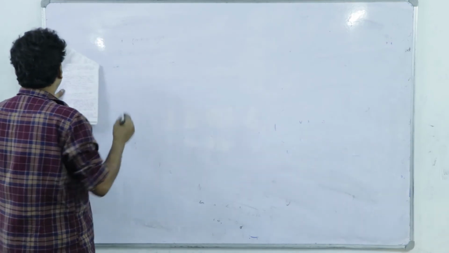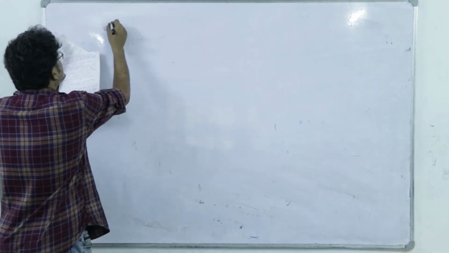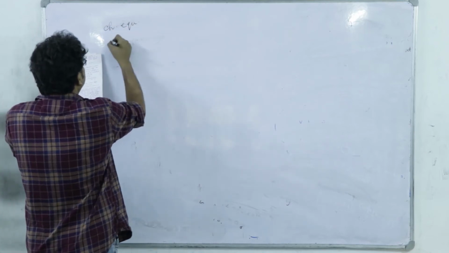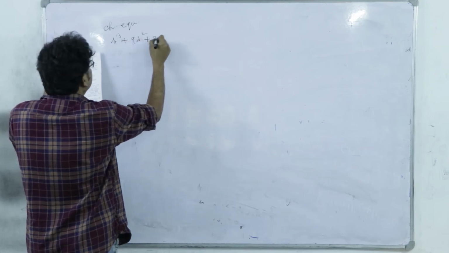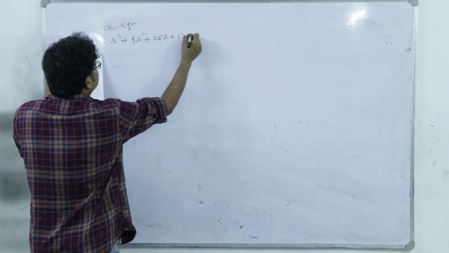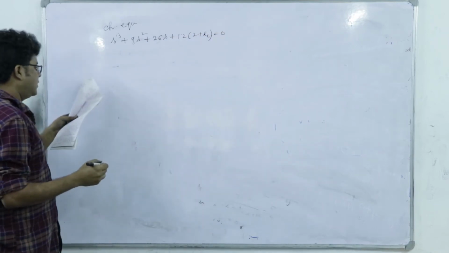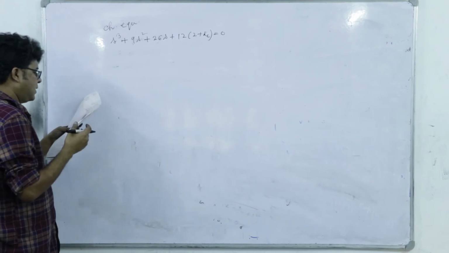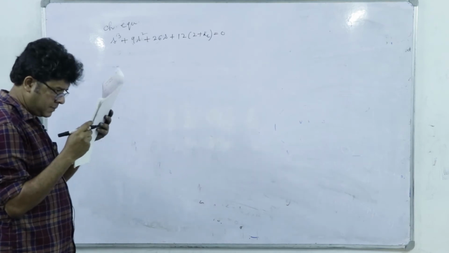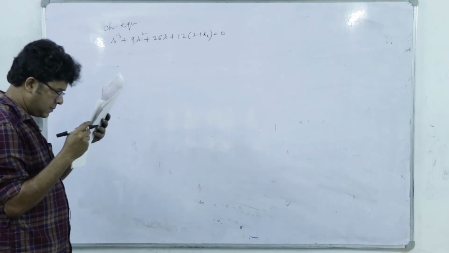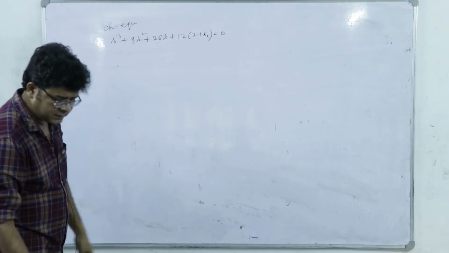The characteristic equation for a system is s cube plus 9s square plus 26s plus 12 into (2 plus kc) equal to 0. Using the Routh test, the value of kc that will keep the system on the verge of instability is?